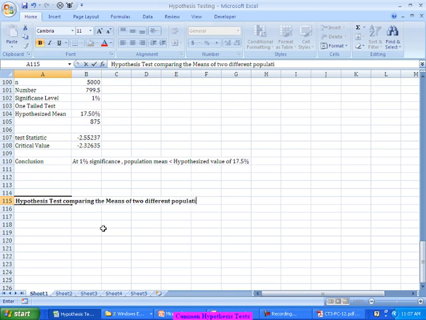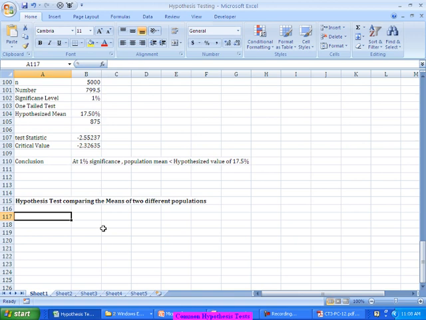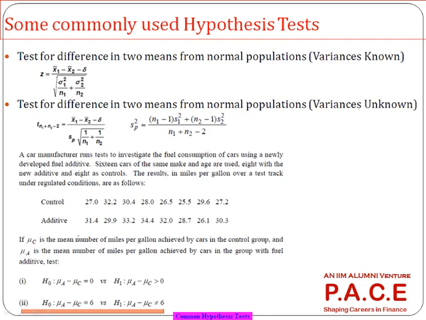Again, normally distributed, variance known, variance unknown. Two cases. Depending on that, if the variance is known, we will use the standard normal distribution. If the variances are unknown, we'll use the t distribution. Even that logic remains the same, right? Whereas the test statistic is slightly different.